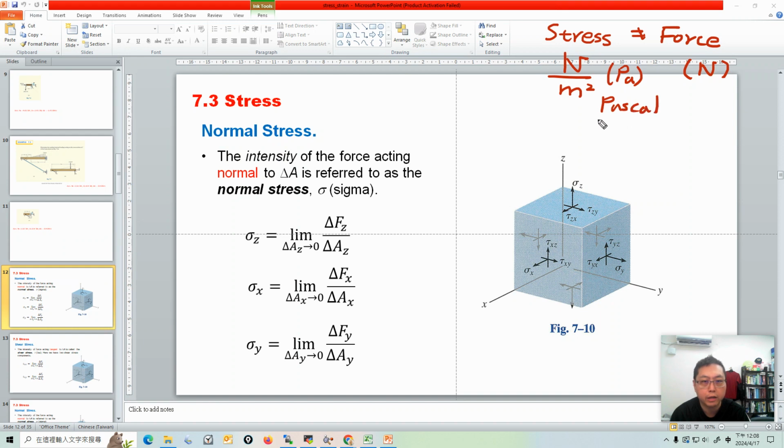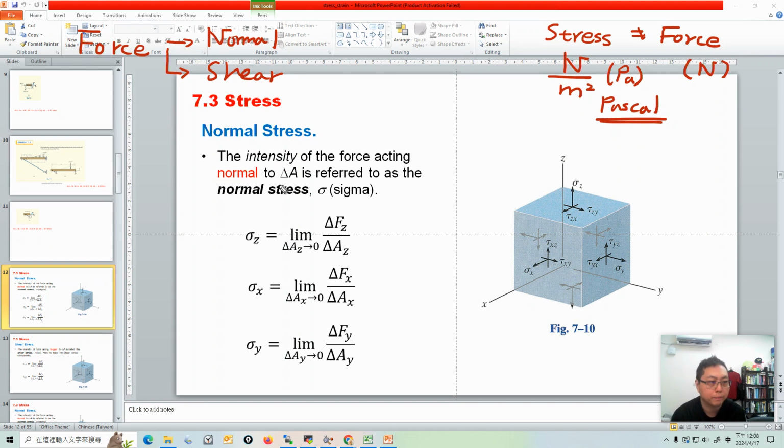Let's start. Previously we said that in the material we have two kinds of internal force. One is normal force, the other is called shear force. Normal force means the force is acting normal to a surface.